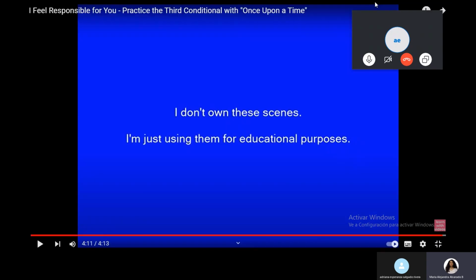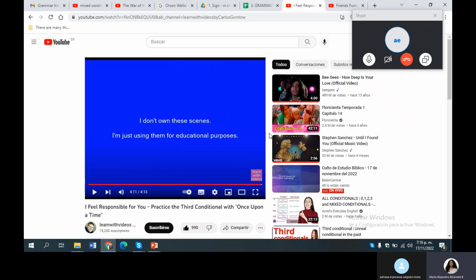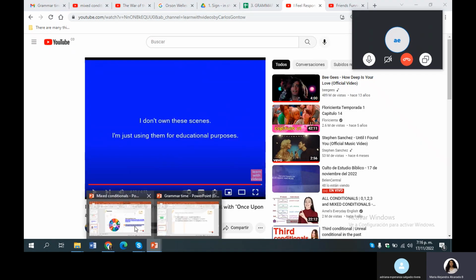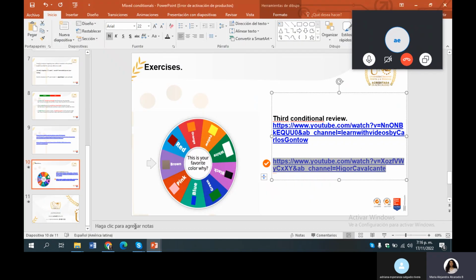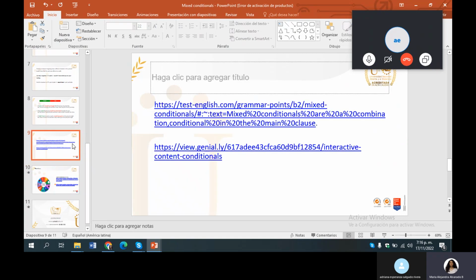Okay. So now that we have this information, the differences between the second and third conditional are much clearer, because we already did the review.